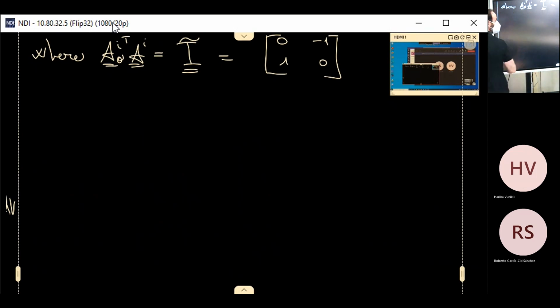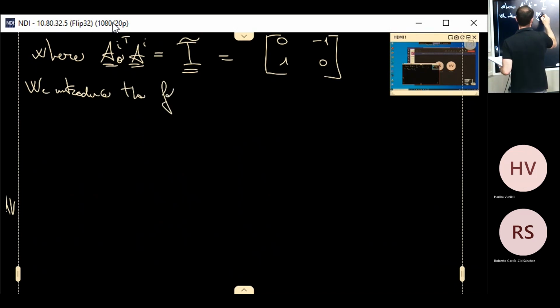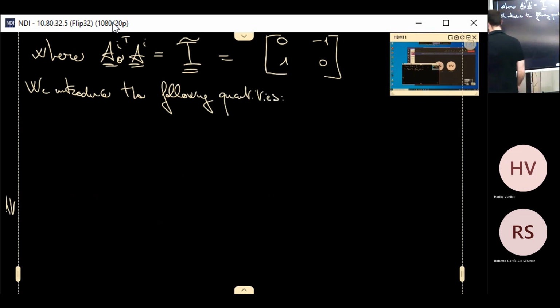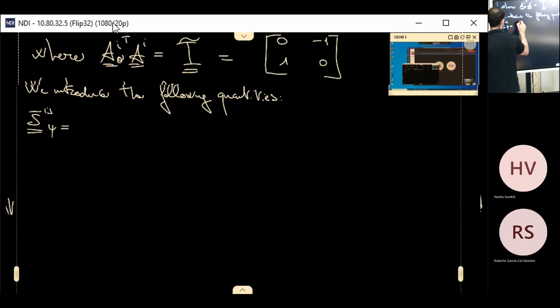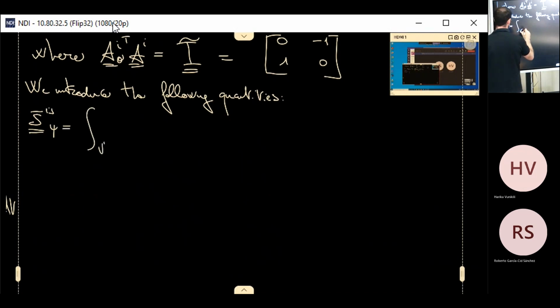We also want to introduce the following inertia shape integral, S_ij^C, which is the integral over V_ij of rho_ij N_ij.